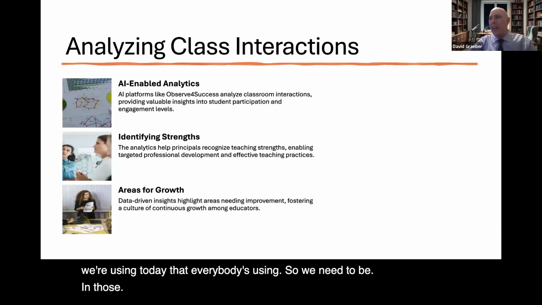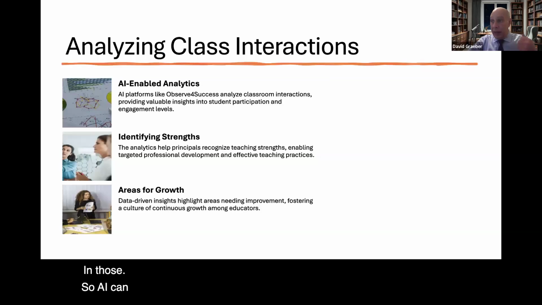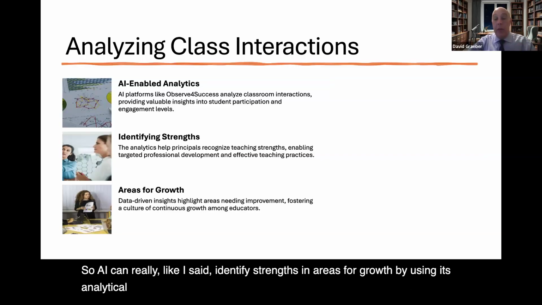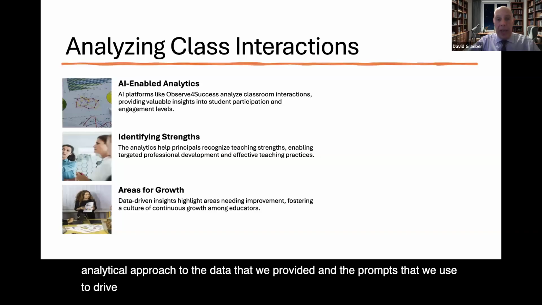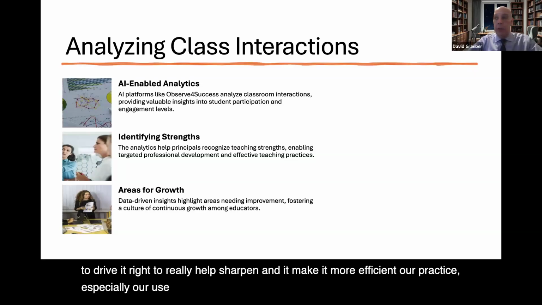AI can identify strengths and areas for growth by using its analytical approach to the data we provide and the prompts we use to drive it, to help make our practice, especially our use of time, more efficient.